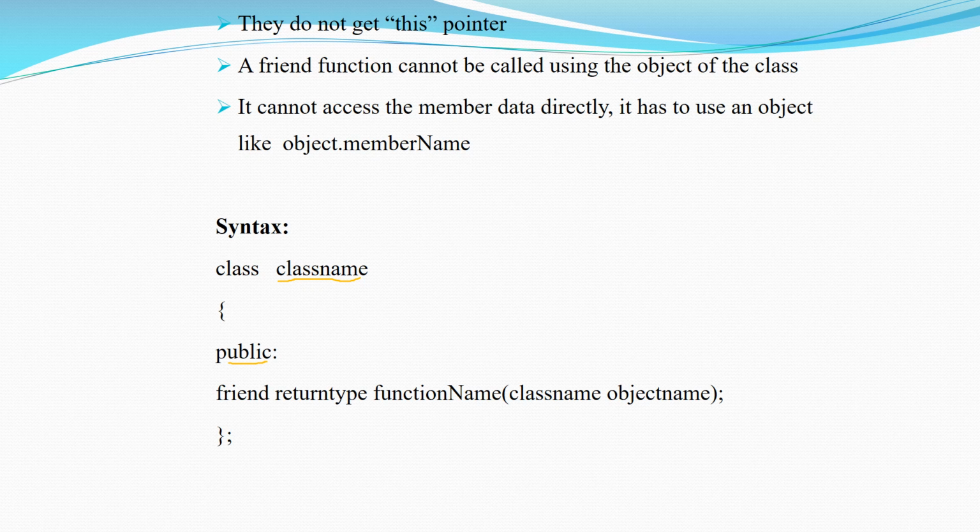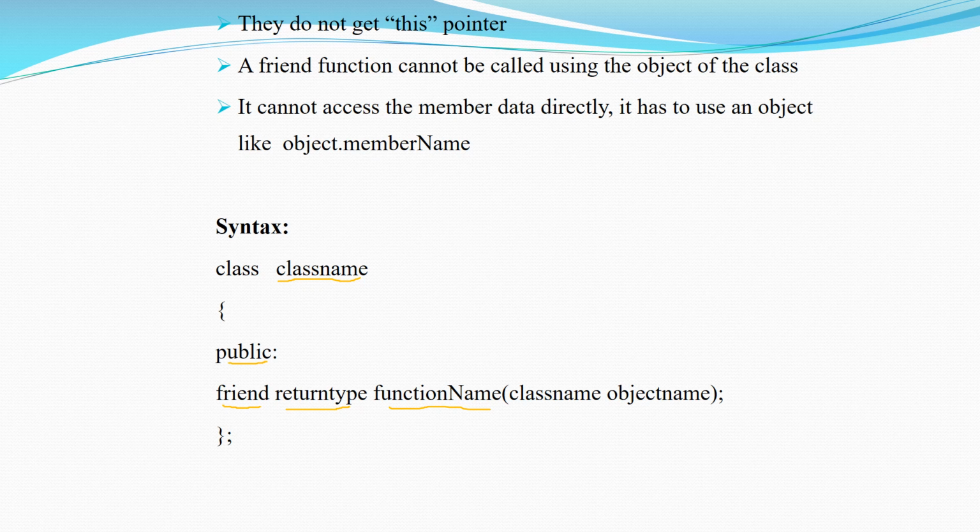Friend is a keyword followed by a return type. The return type may be an integer, float or any other type, followed by the function name of the friend. The function name tells you the name of the friend function.